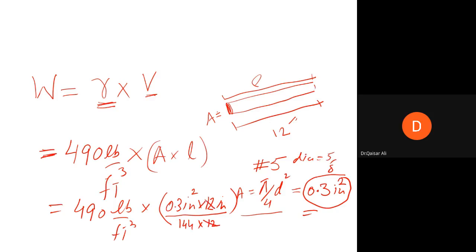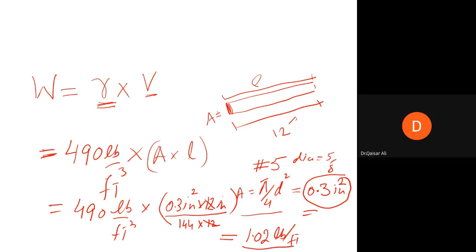And now you calculate this weight: 490 multiplied by 0.3 divided by 144. It is 1.02 pound per foot. So 1 foot of number 5 bar has a weight equal to 1.02 pound.